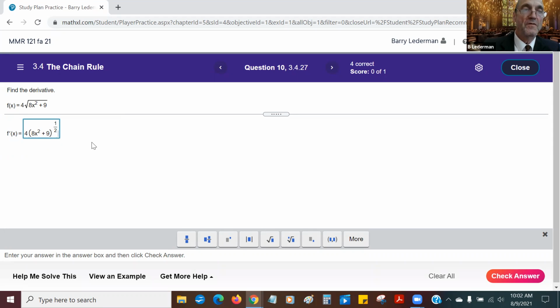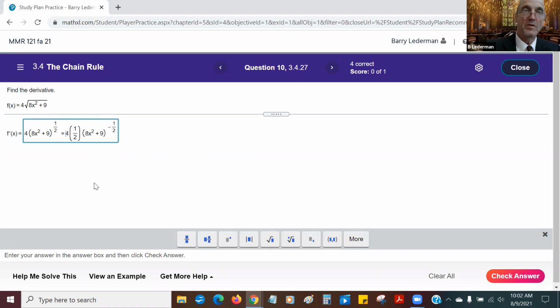So the derivative is going to be, I'm going to do some surgery now here. So the derivative here is going to be 4 times 1/2 times this sucker to the 1/2 minus 1, which is -1/2 power.